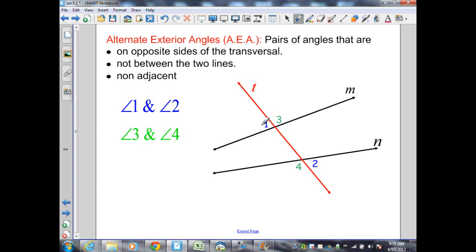Therefore, 1 and 3 are opposite, 1 and 2 are opposite, 4 and 2 are opposite, 4 and 3 are opposite. They are not between the two lines. That is the exterior part. They are outside of my two lines being intersected by the transversal, and they are non-adjacent. Therefore, my alternate exterior angles are angle 1 and 2, and angle 3 and 4.